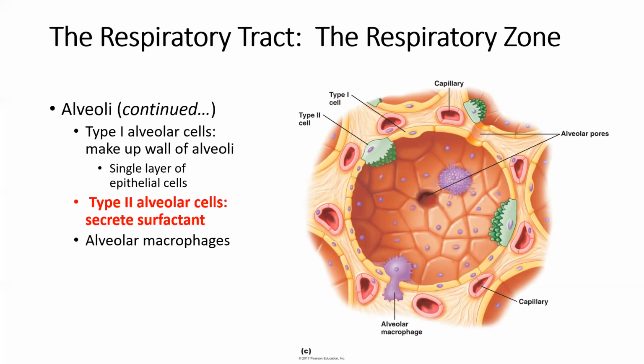The other type of cell that we see here are the type 2 alveolar cells, and these have an important role in that they secrete surfactant. Anyone remember surfactant from Unit 1 of last semester? Anyone remember what type of molecule surfactant is? Just a throwback question here, away from Unit 1 in semester 1.